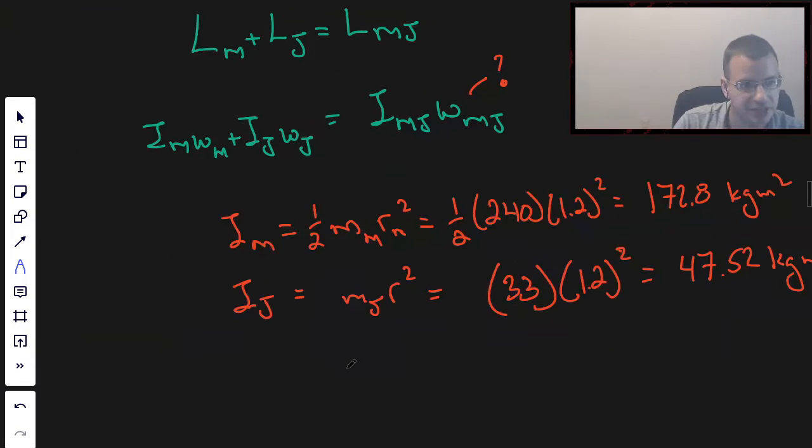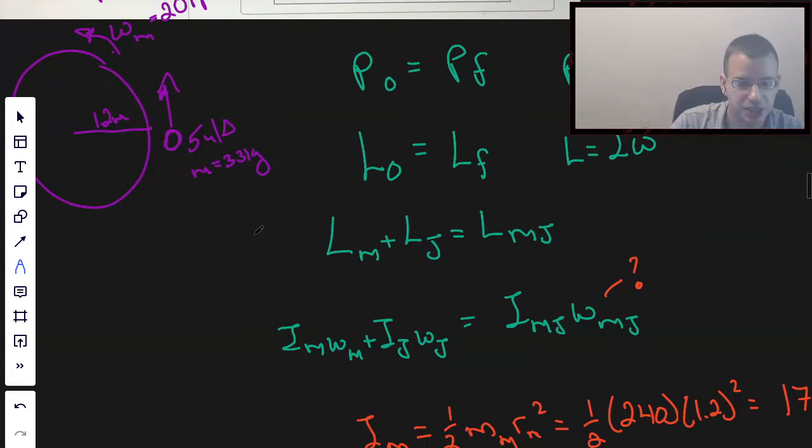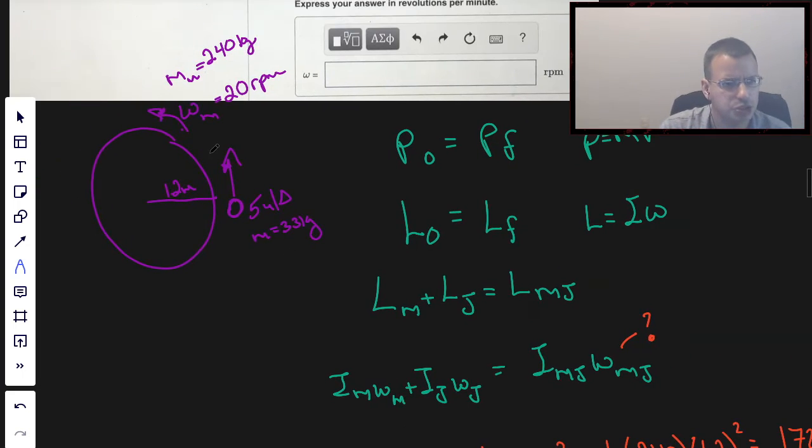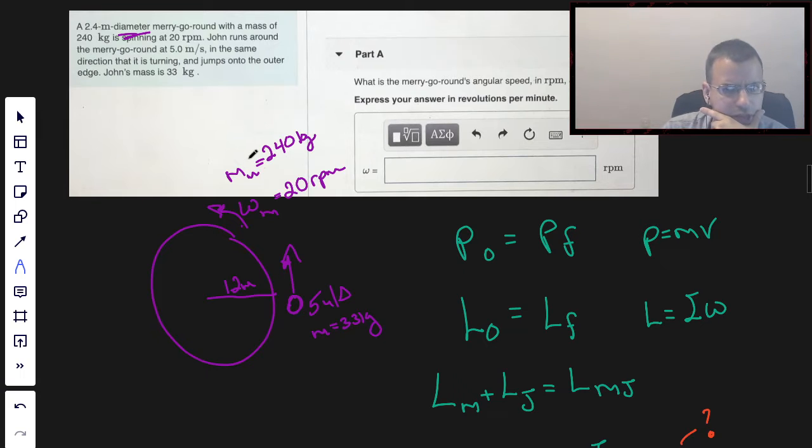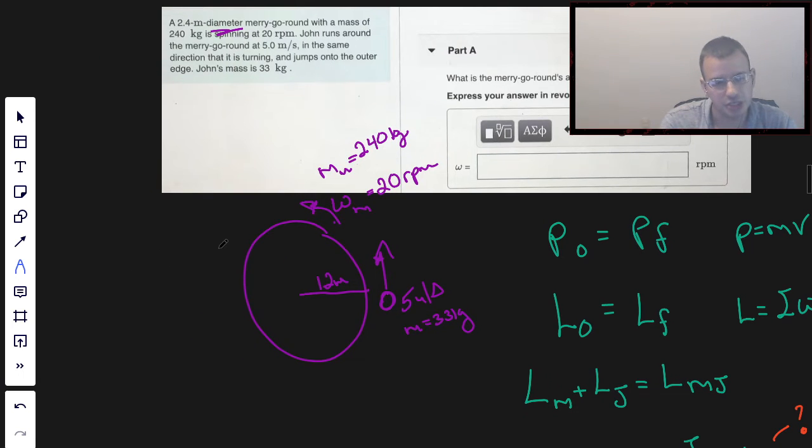Now we need to find the angular speed of Mary. We could do this in revolutions per minute, and we totally can. There are a couple of ways. We could convert everything into SI units, which is my comfort zone. The relationships between linear and angular are x equals r theta, v equals r omega, a equals r alpha.